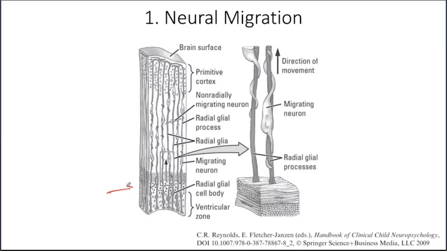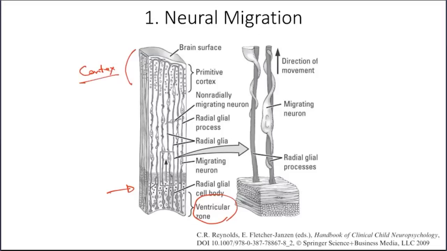Neural migration is the process of having neurons being generated in an area that we call the ventricular or periventricular zone inside the brain, and then migrating from these periventricular zones to what we call the cortex and cortical columns in the cortex.